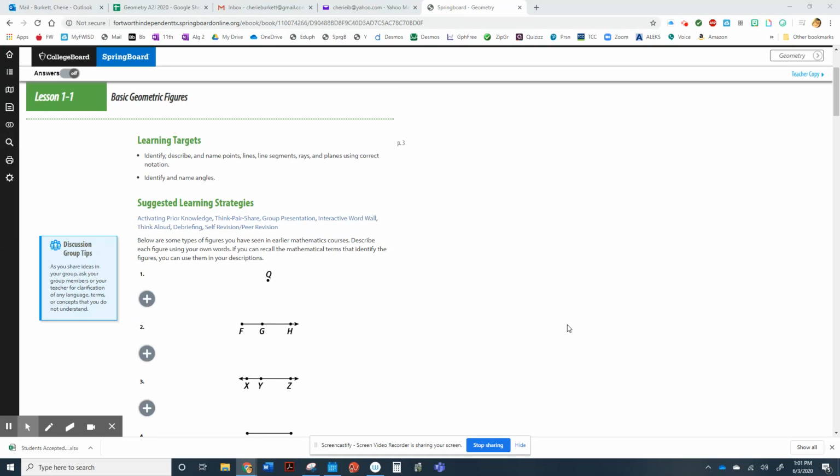In activity 1-1, we will focus on vocabulary words. And a lot of these vocabulary words you probably have been introduced to throughout your other math courses throughout the years.